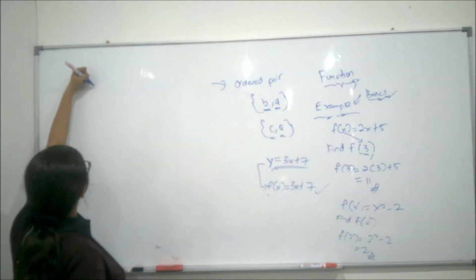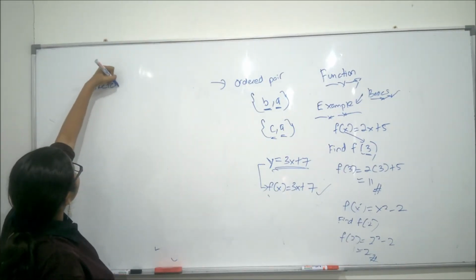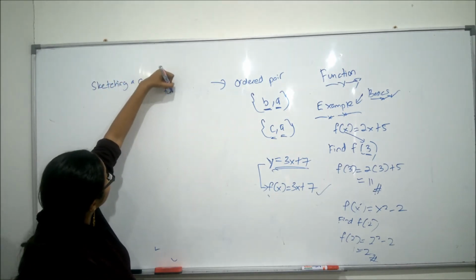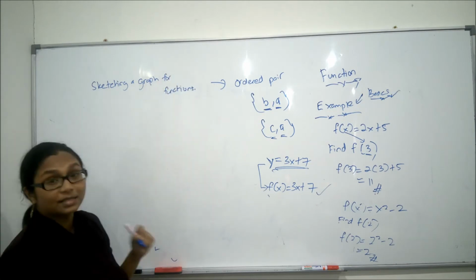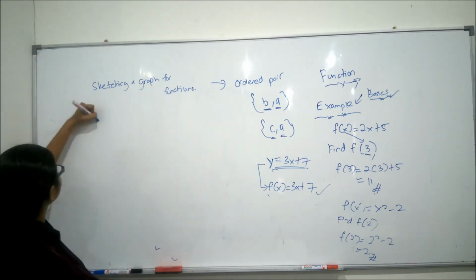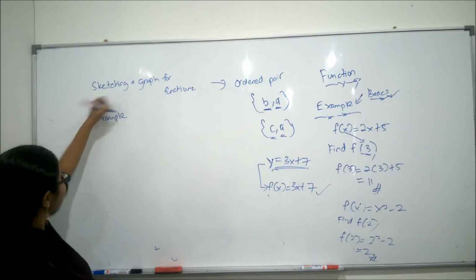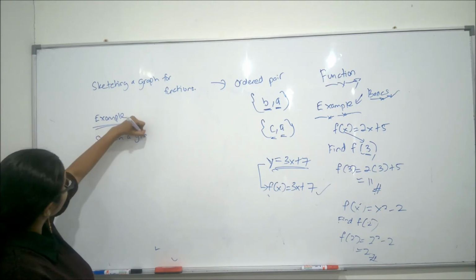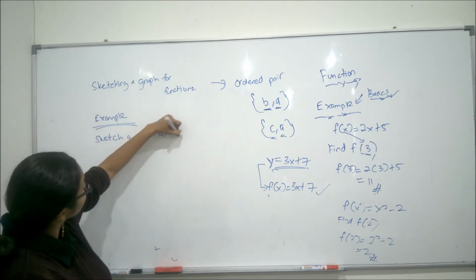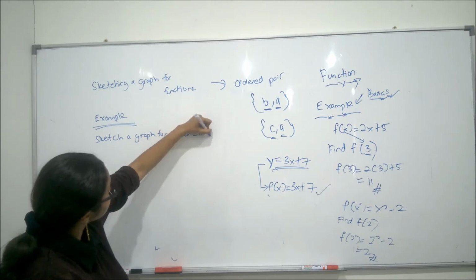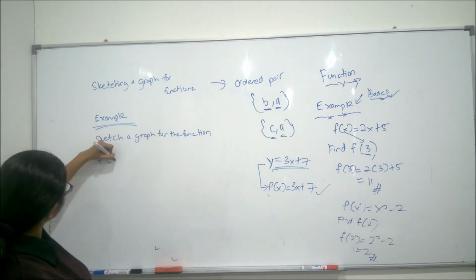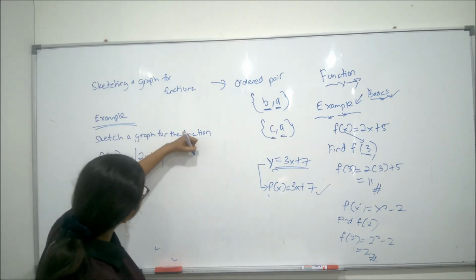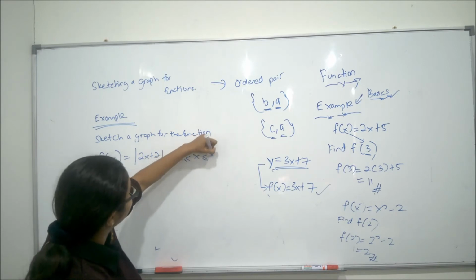Next example, which is sketching a graph. How do we sketch a graph for functions? Let's start with an example. The question is, sketch a graph for the function f(x) is equivalent to |2x plus 2| for these particular x values.